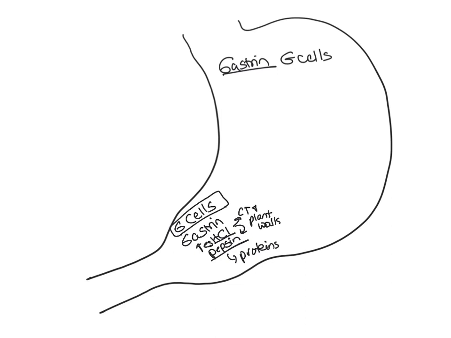Then there's another hormone that's produced in the pyloric area from pyloric glands, called somatostatin. Somatostatin is produced by cells called D cells, right?